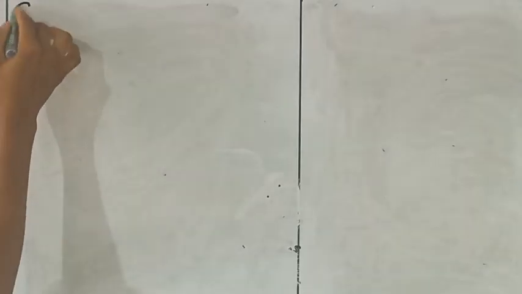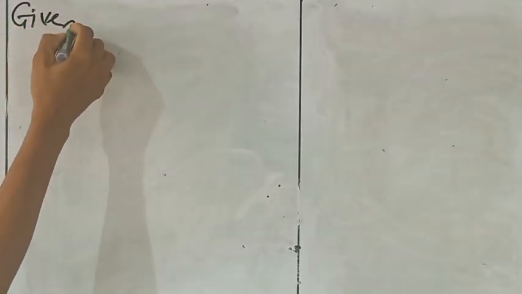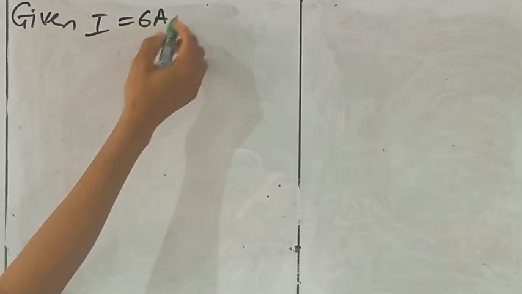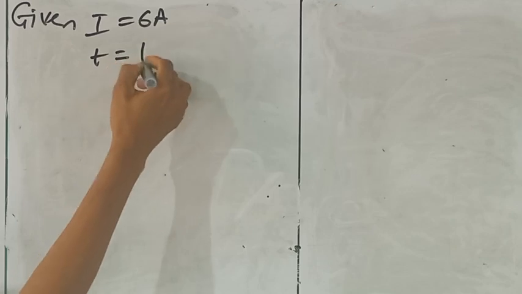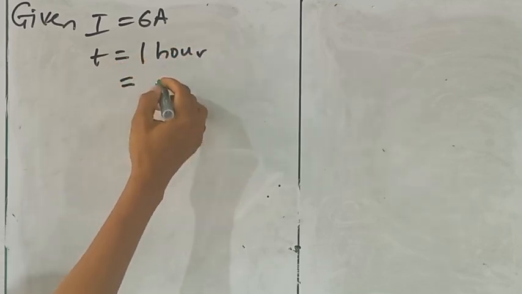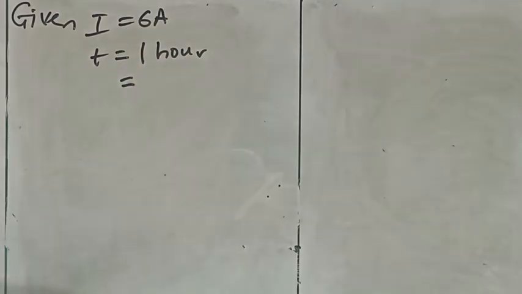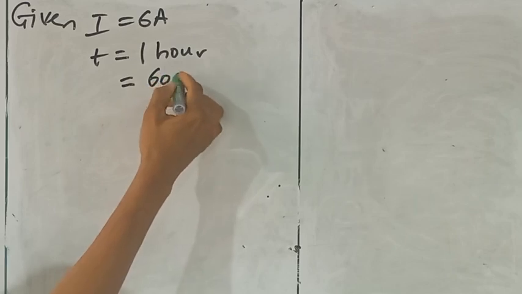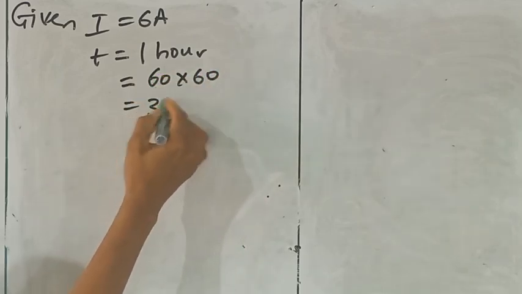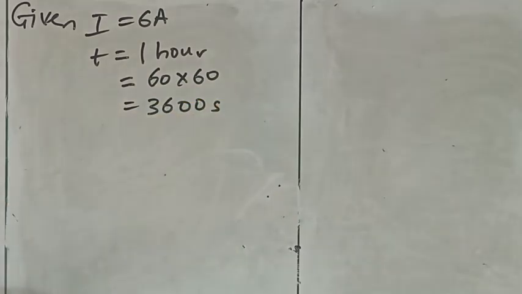Let's write out all the parameters we are given. Current as 6 amperes, time as 1 hour. We'll convert it. Remember, 1 hour is 60 minutes times 60 seconds, so that it will be 3600 seconds.